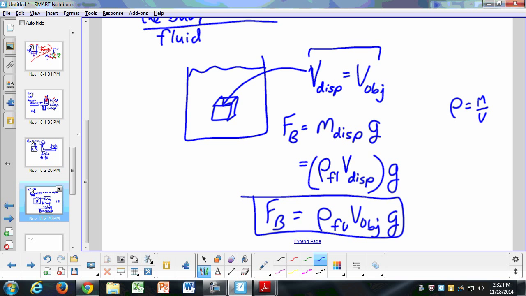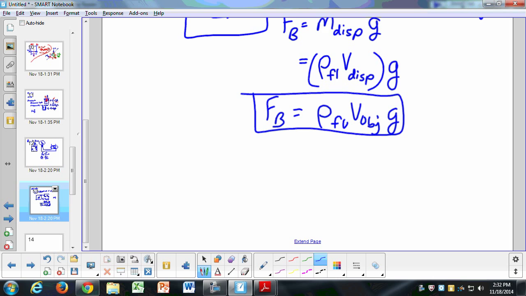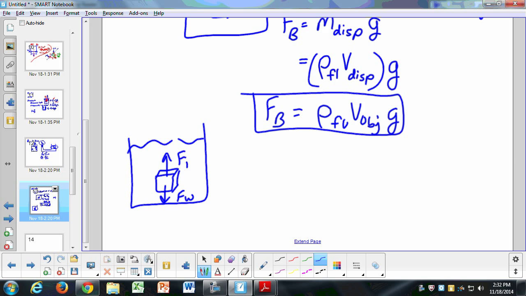And then also we have this idea of apparent weight. If I have an object, it has a certain weight, Fw, but if I have a buoyant force acting on it, then the apparent weight, that is, what weight it appears to have, will equal the actual weight minus the buoyant force.